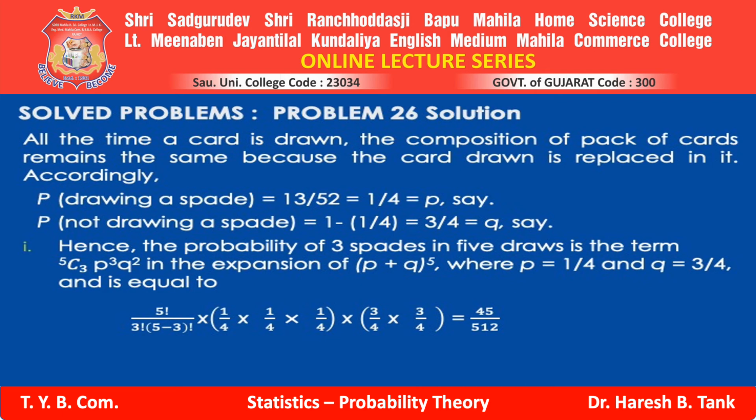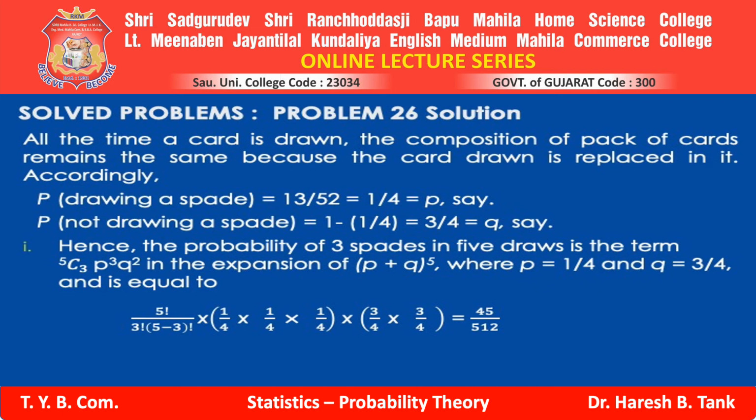Hence, the probability of 3 spades in 5 draws is the term 5C3 P cube and Q square. If you recall the binomial theorem, it is nCr P raised to r, Q raised to n minus r. The equation is an expansion of P plus Q raised to 5. You know it quite well as the binomial theorem is already done with some other faculty.